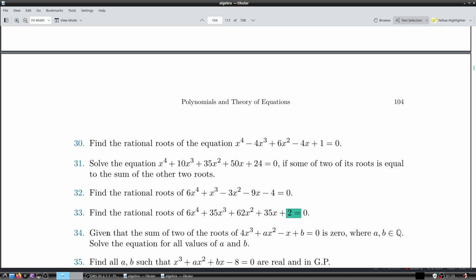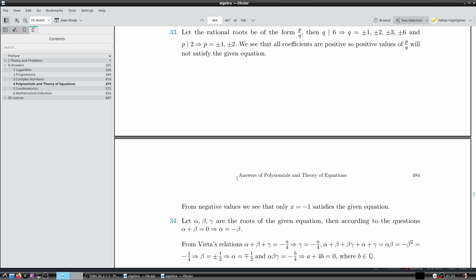Question 34 says: given that the sum of two of the roots of 4x cubed plus x squared minus x plus b is equal to 0 is 0, where a, b are rational numbers, solve the equation for all values of a and b. So we take three roots alpha, beta, gamma, and given that the sum of two roots is 0, we take alpha plus beta is equal to 0, so alpha is equal to minus beta.